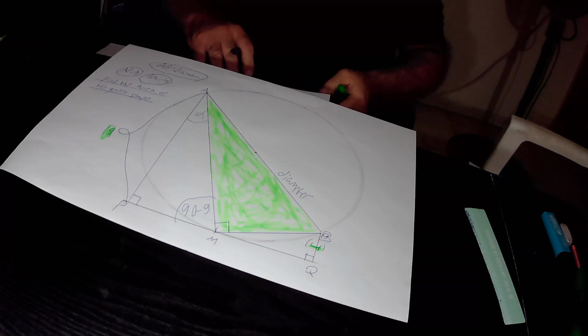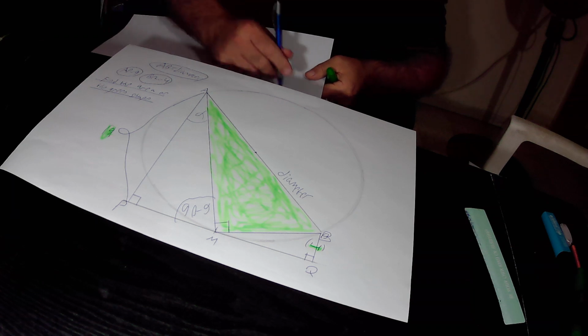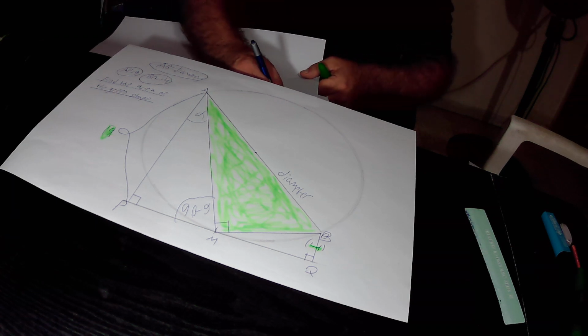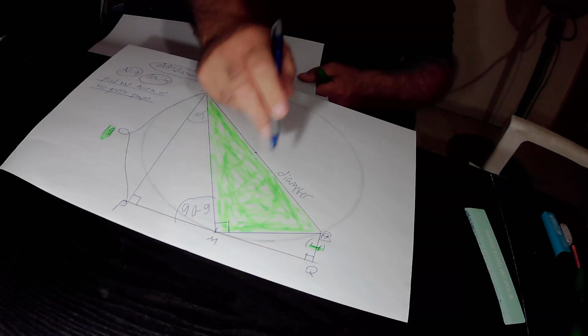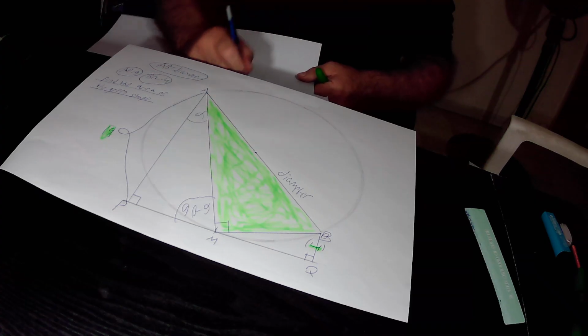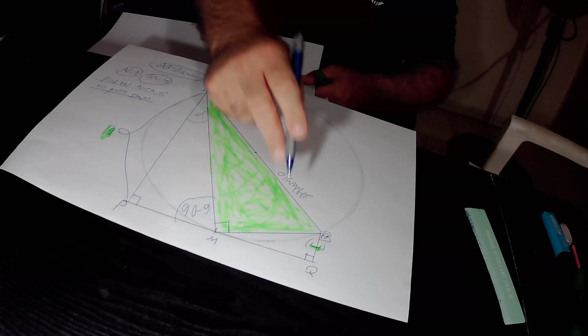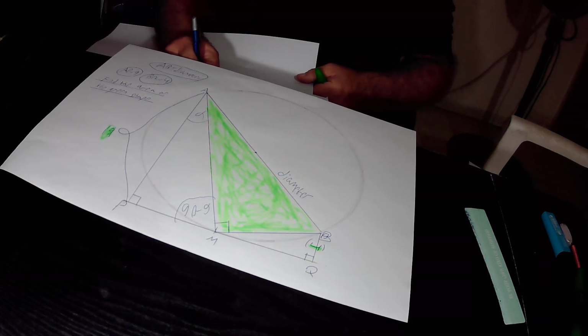So, write it down. If you found out that 90 degrees minus alpha plus 90 degrees plus this missing angle, the circular angle BMQ, total the sum of those three angles must be equal to 180 degrees according to rule 3.